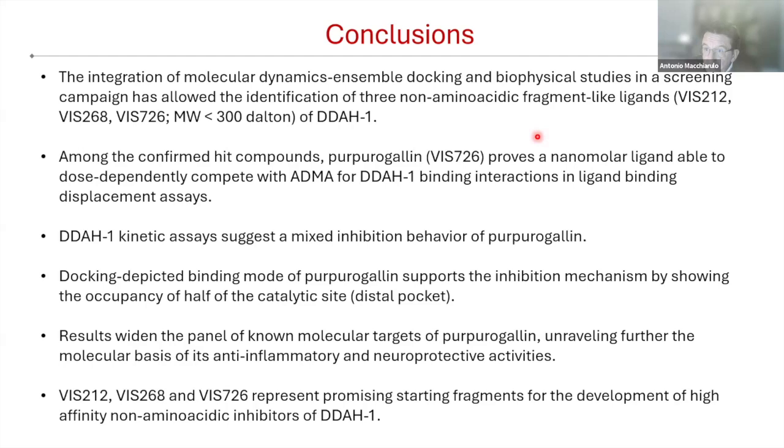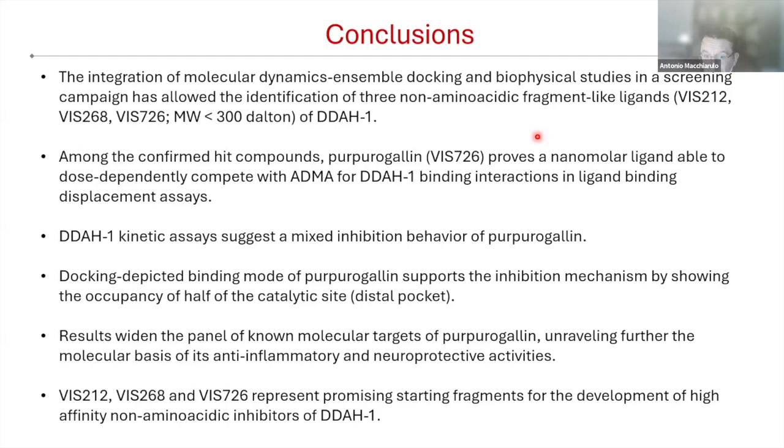Among these compounds, purpurogallin proves a nanomolar ligand able to dose-dependently compete with ADMA for DDH1 binding in ligand binding displacement assays. DDH1 kinetic assays suggest a mixed inhibition behavior of purpurogallin, and the docking-depicted binding mode of purpurogallin supports the inhibition mechanism by showing the occupancy of only half of the catalytic site.